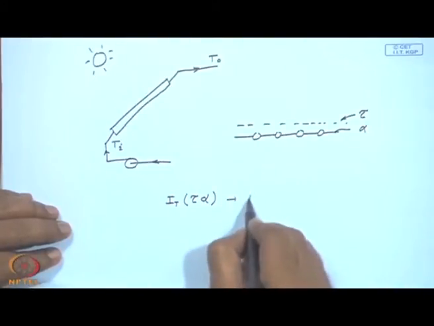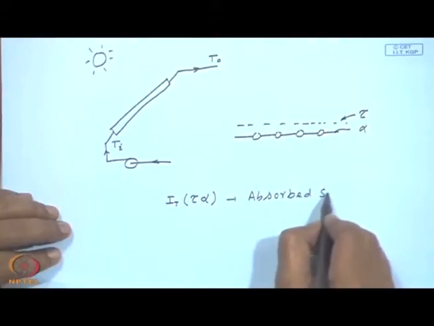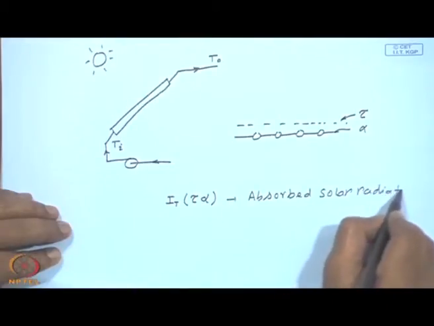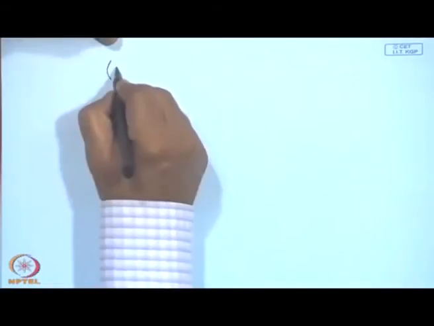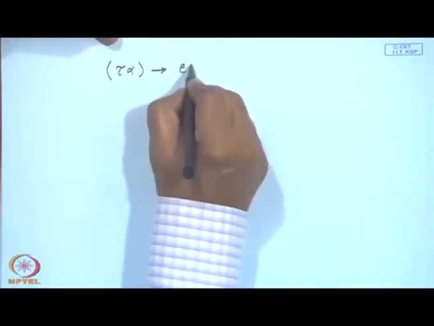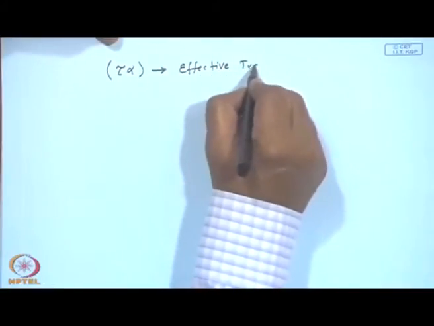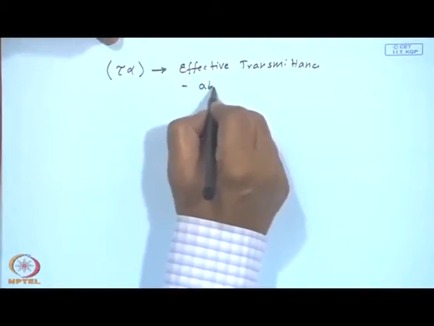This is the absorbed solar radiation. Now, you will notice that I have put tau alpha, which I will call the effective transmittance absorptance product.